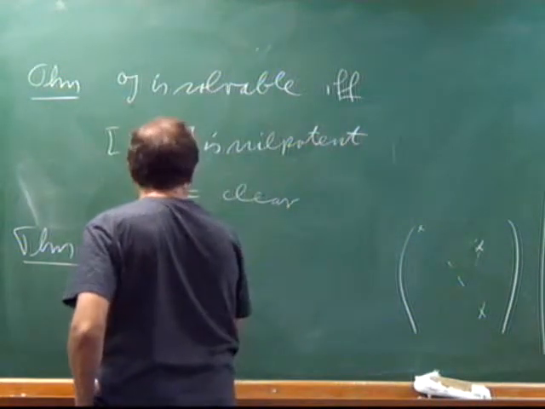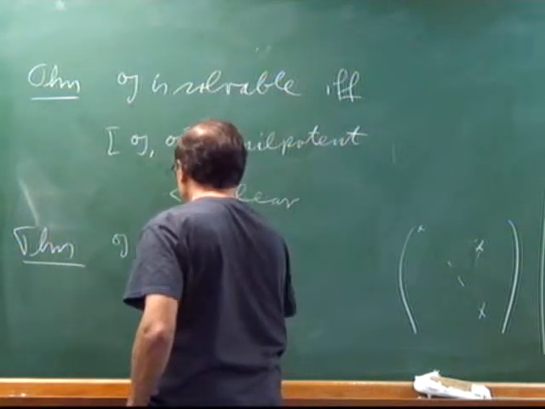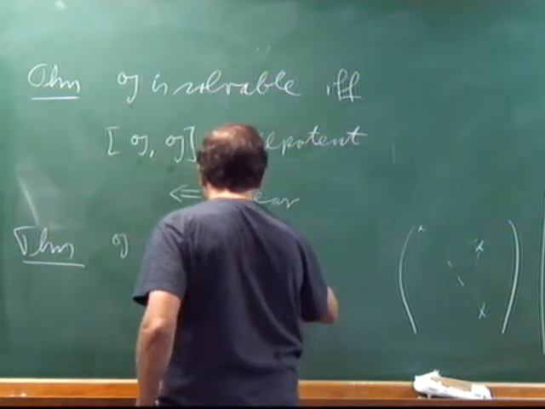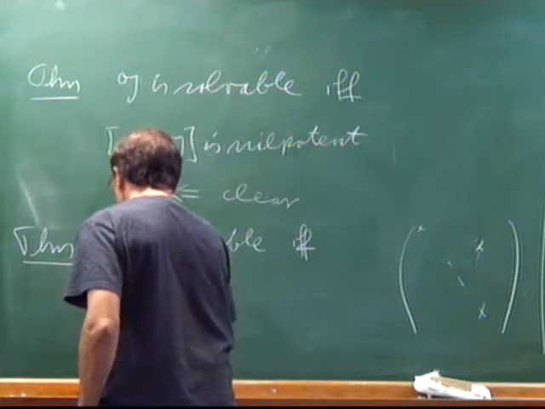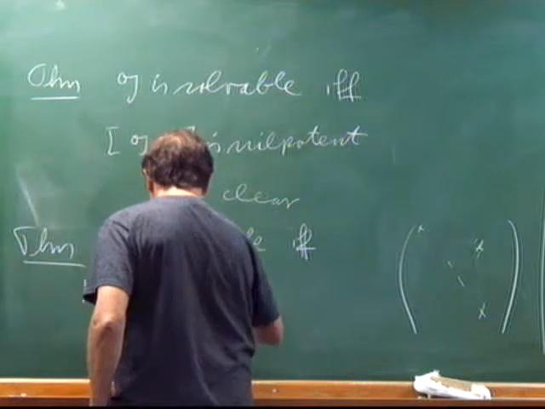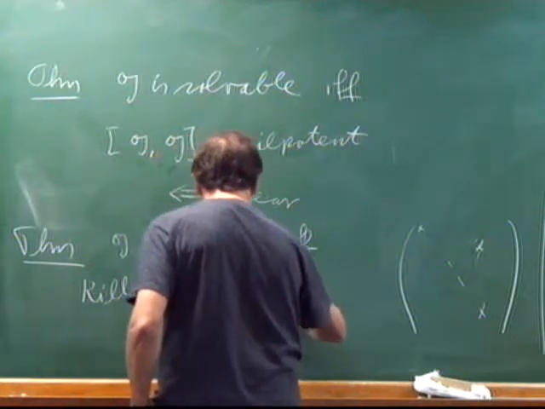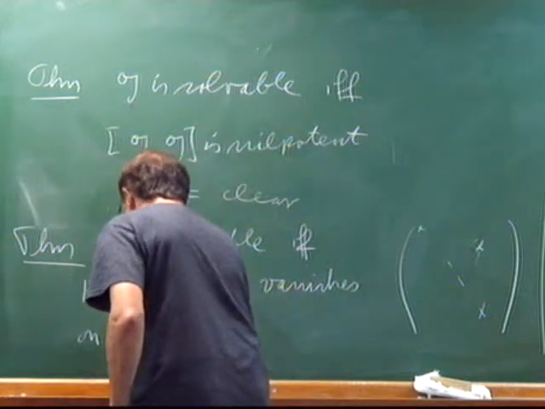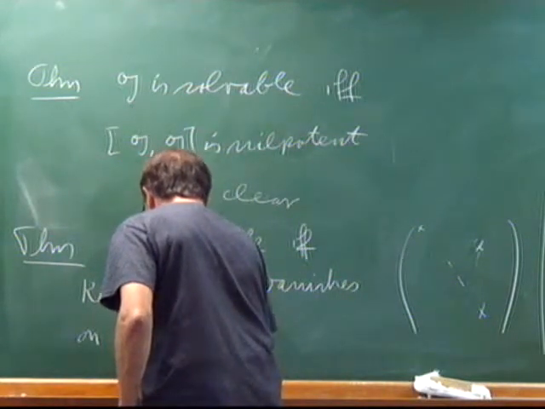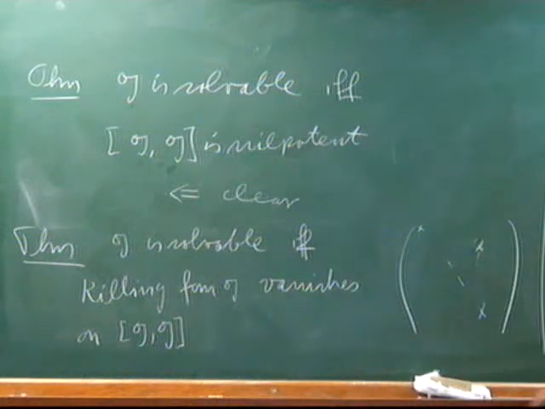So another strange characterization of solvable: if and only if the Killing form of G vanishes on [G, G]. That's a strange result.